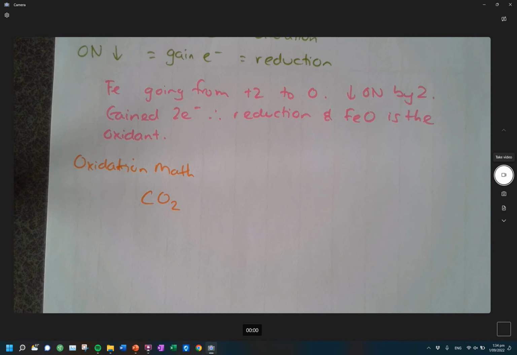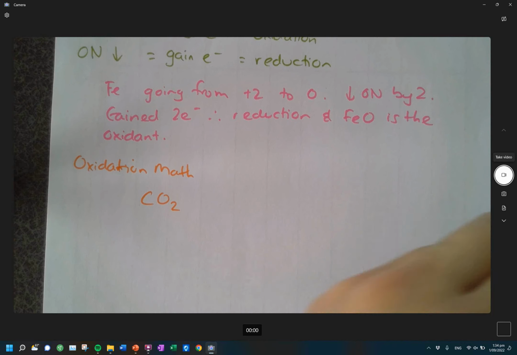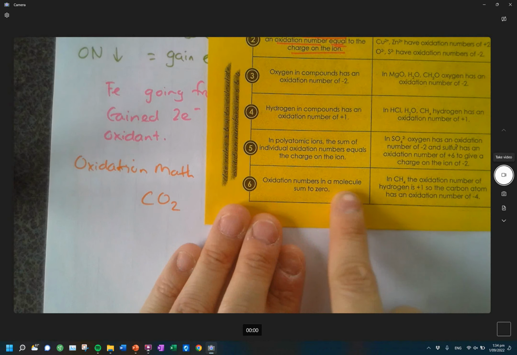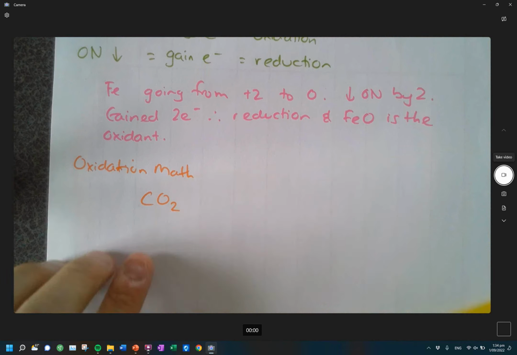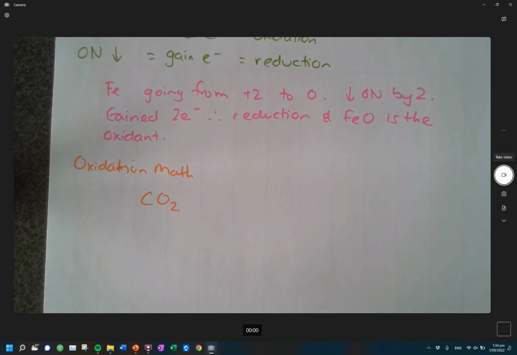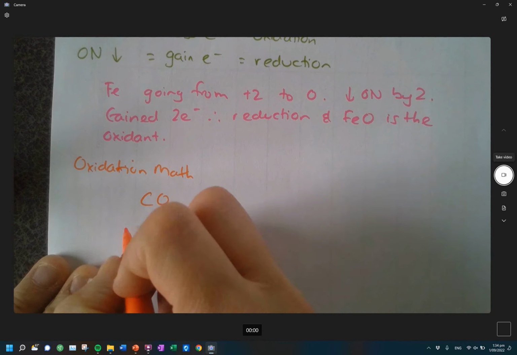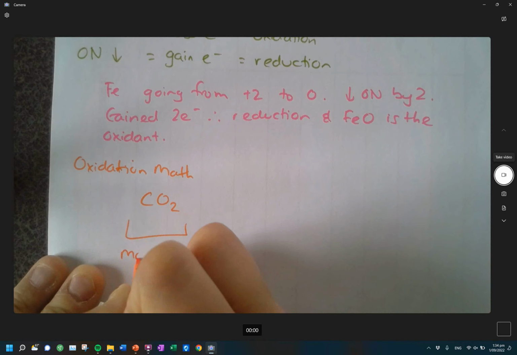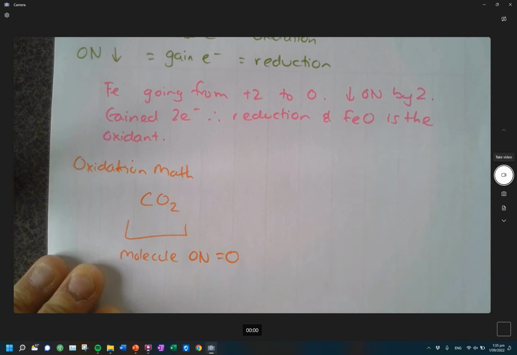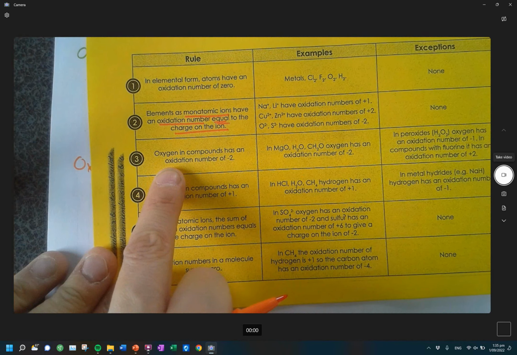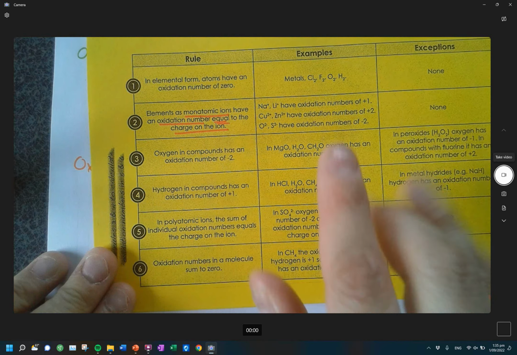The first being that the sum of the oxidation numbers in a molecule is 0. So this overall molecule has the oxidation number of 0. The other rule I can apply is my oxygen one again. Oxygen in compounds is -2.